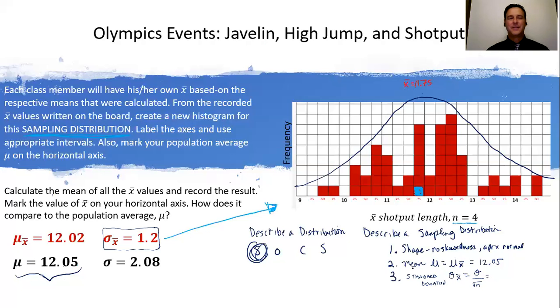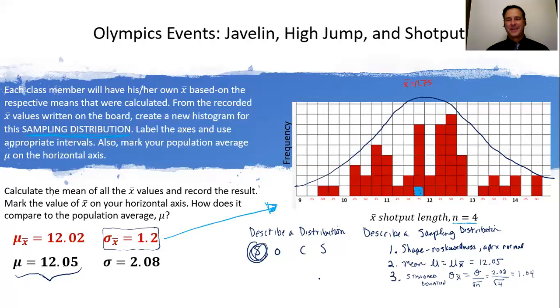Since it was told to us that the standard deviation of our population was 2.08, and we know that our sample size was 4, then the standard deviation of your sampling distribution, which is the standard deviation of X bar, I think turns out to be 1.04.